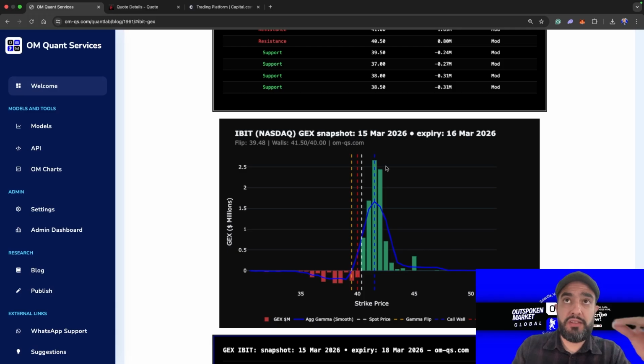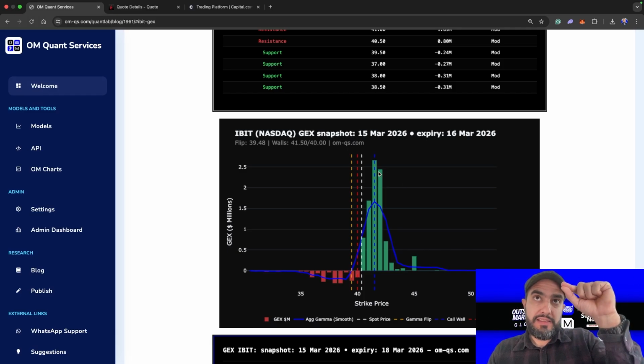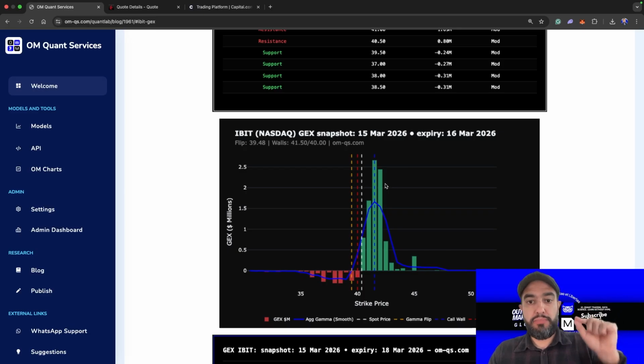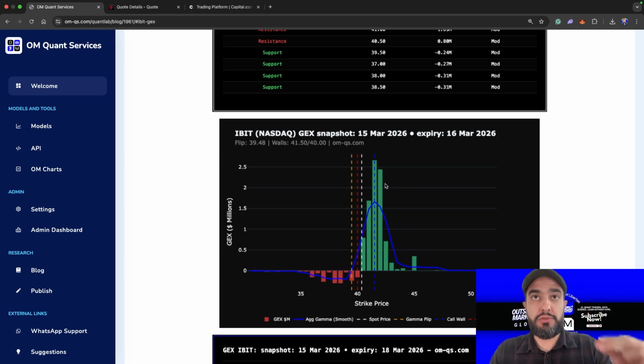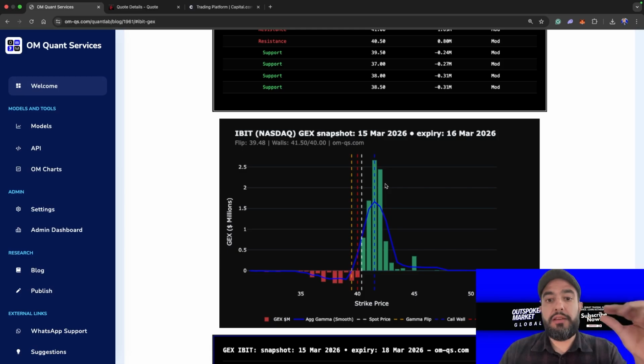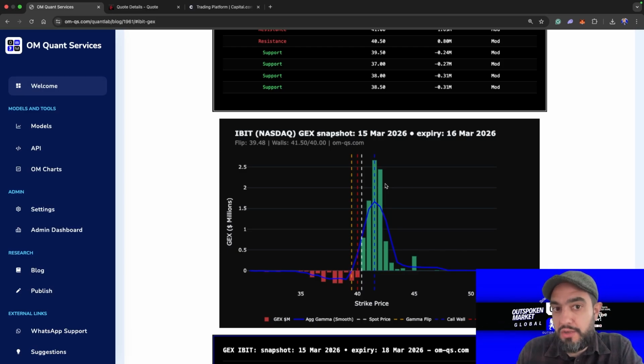So this is how you use this. The last point, and then I close: the levels where you have the highest bars, either in positive or negative gamma, are where you'll be looking to take profit or to stop your position in case you get a movement that goes against you. Don't fight that, because again, I will repeat myself, these are the levels at which the dealers will hedge their positions.